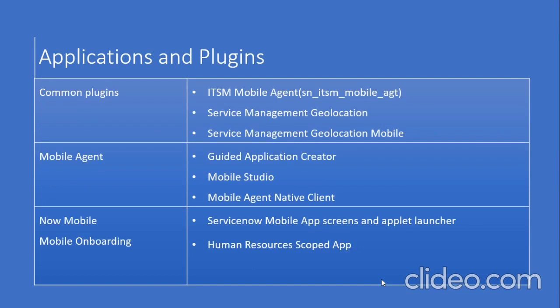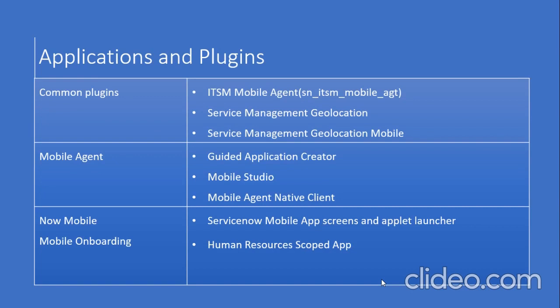Let's see what are the common plugins that need to be installed for all these applications. For all the applications to work, we need to install the ITSM mobile agent, service management geolocation, and service management geolocation mobile. The plugins that need to be installed for the mobile agent are Guided Application Creator, Mobile Studio, and Mobile Agent Native Client.